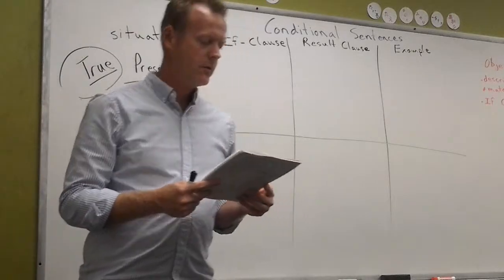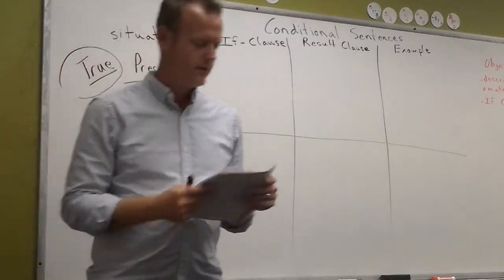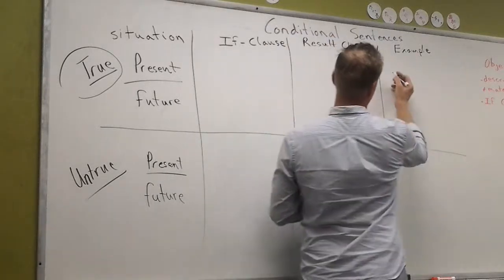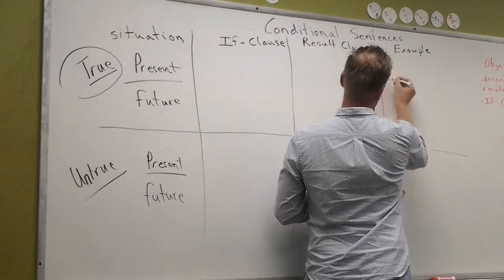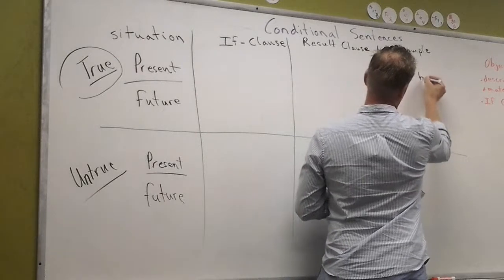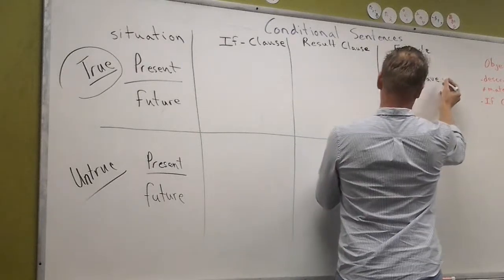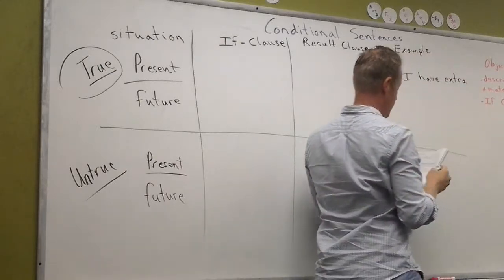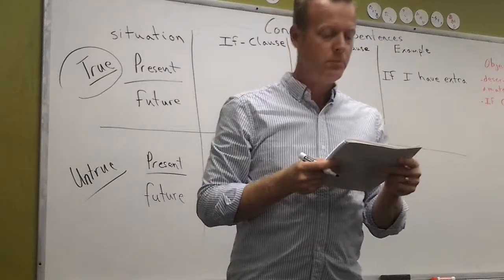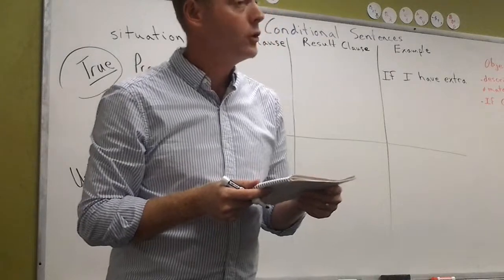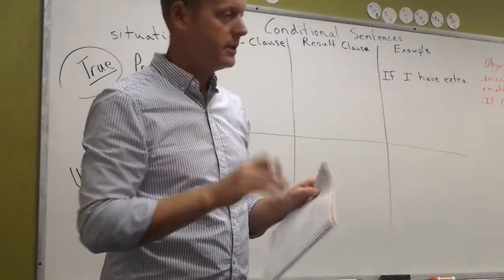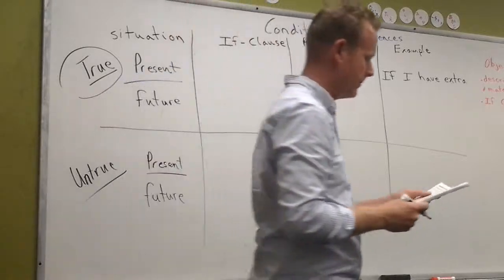Alright, so read the first one, Khalid. If I have extra money, I usually buy computer equipment with it. Good. I'm going to write it up here just so you can look at it. What's the meaning of equipment? Computer equipment. So whatever you need for your computer: headphones, keyboard. Okay.